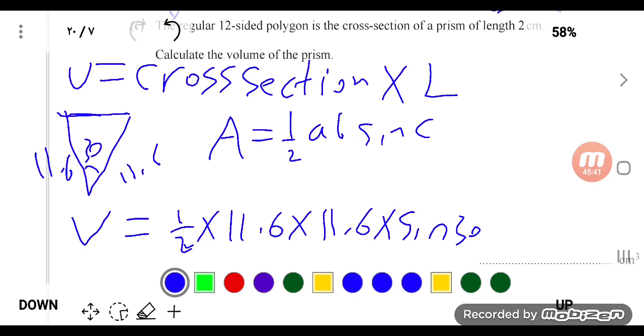That's the area of one triangle, times 12, because we have 12 triangles, times the height, which is 2 centimeters, or the length of the prism, which is 2 centimeters. So like this, you got the volume.